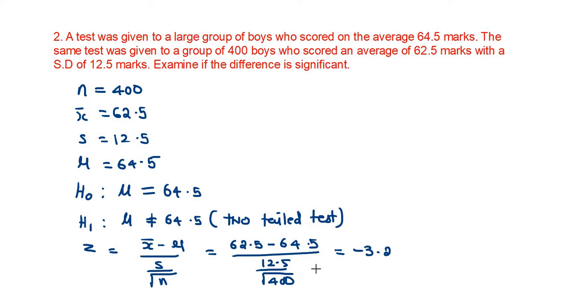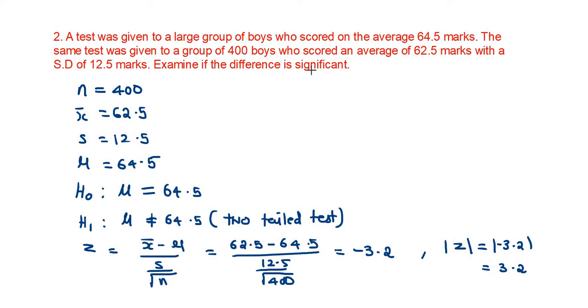So here it is two-tailed test. The calculated value Z is equal to minus 3.2. Usually we want mod Z, which is equal to modulus of 3.2, which is equal to 3.2. This is our calculated value. Now we'll write the table value.